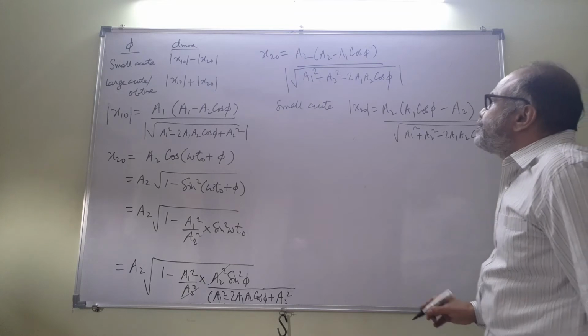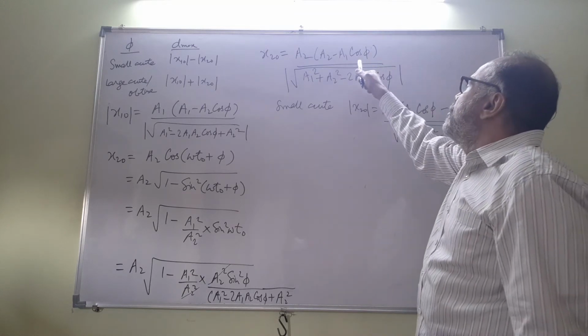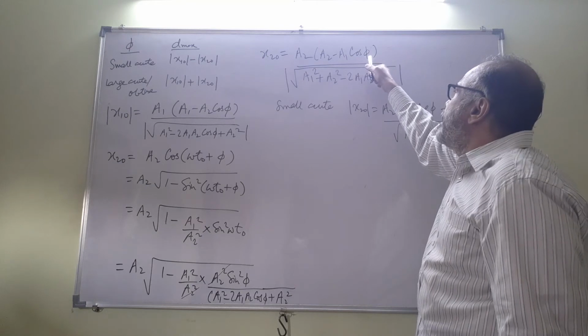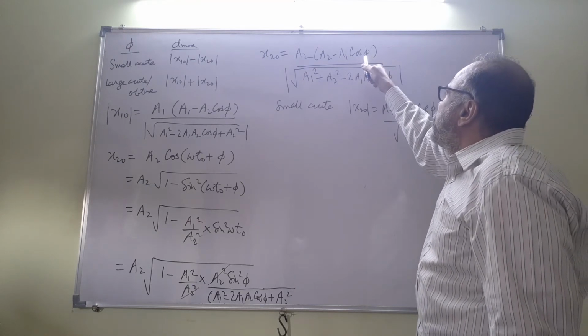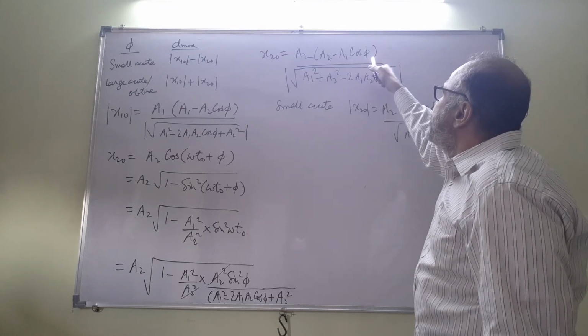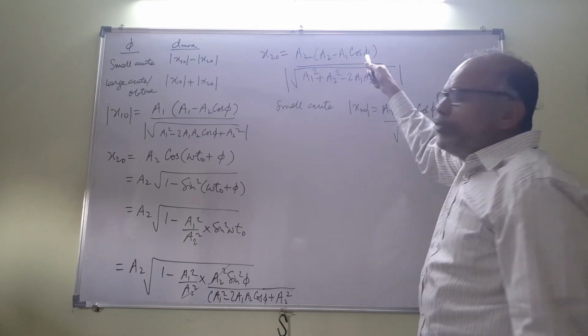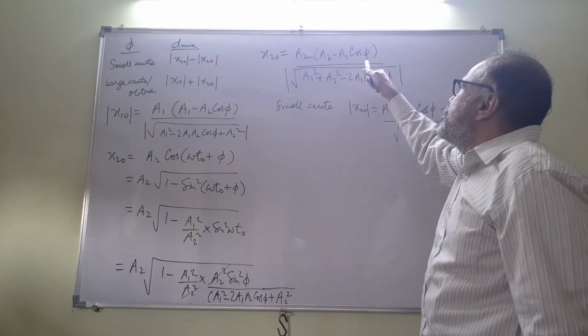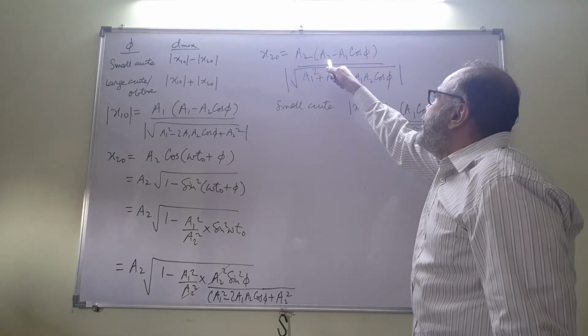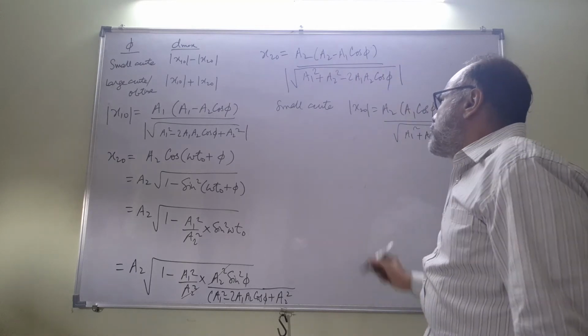Whereas if phi is a large acute angle, cos phi will be a small value because cos theta is a decreasing function. So a1 cos phi will be small and a2 will be greater than a1 cos phi.